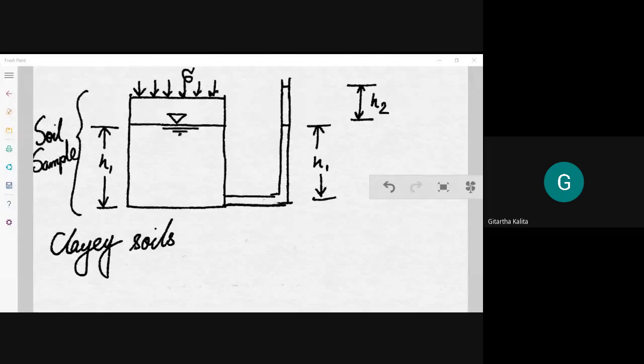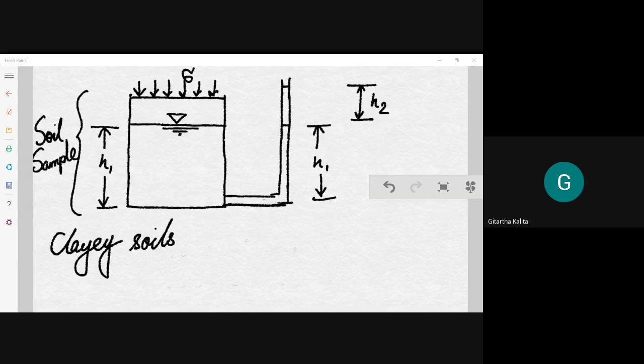If the soil is cohesionless, if the soil is sandy, then water will not take the load, because water will flow out in an instant. Just remember that. If there is sandy soil or gravel or any cohesionless soil, then when you apply sigma, the water will not take the load. It will flow out directly.